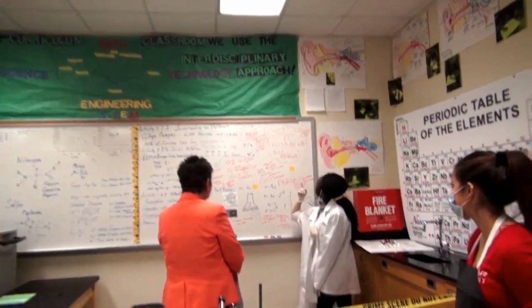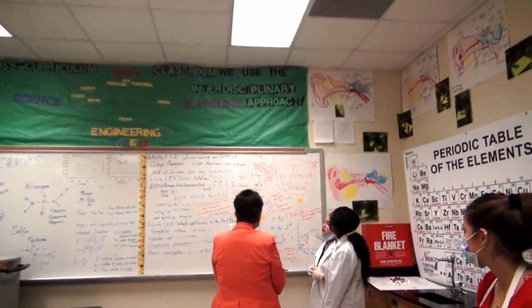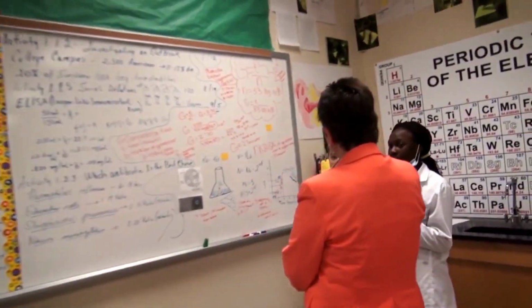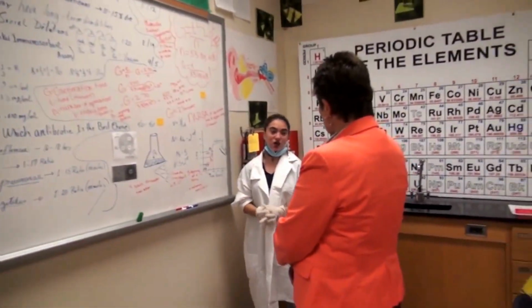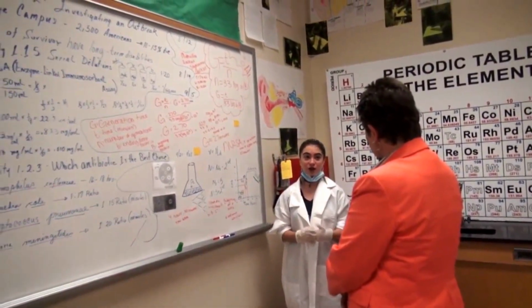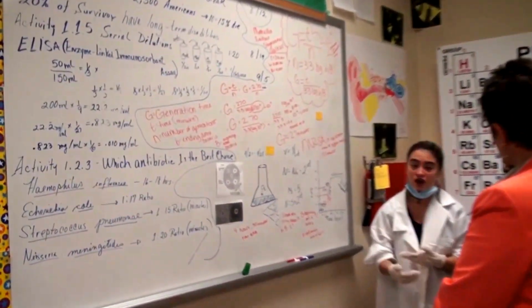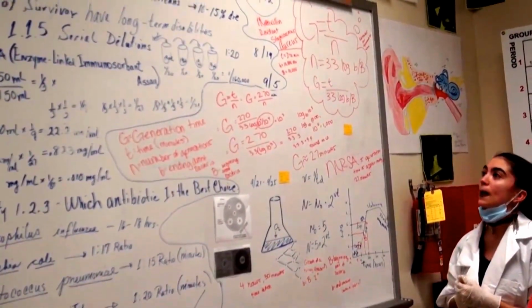We have generation time equals time over number of generations. And to get the number of generations, you're using the log? Yes, ma'am. And we taught that to ourselves because we're freshmen, so that's not our curriculum. We went higher into math, and we took it upon ourselves, and our math teachers were very happy to help us with that.